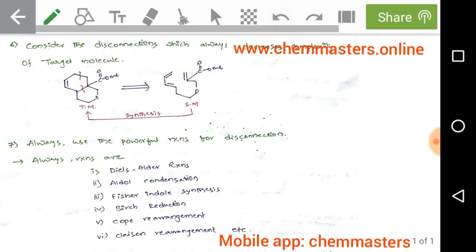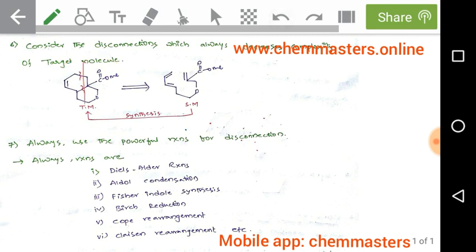Okay, right, next consider the disconnections which always decrease the complexity of target molecules. Okay, right, so just check the target molecule.